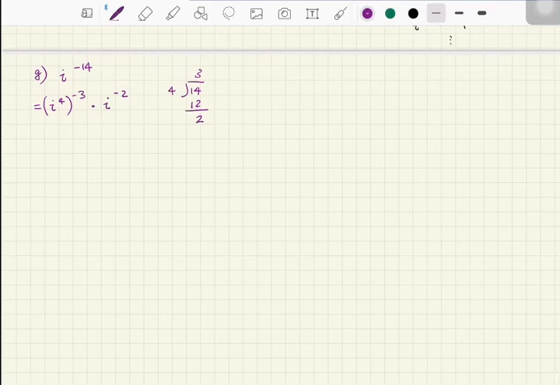So what I want to do is, instead of 3, go a little bit higher, to 4, because of the negative. Let me erase this part temporarily. I to the 4th to the negative 4 becomes i to the negative 16, and in order to get negative 14, I need to add a 2.